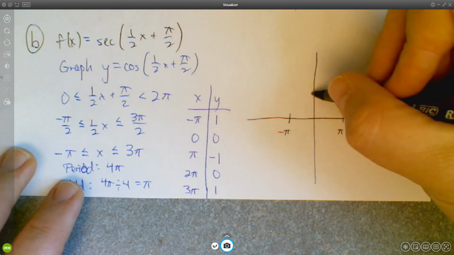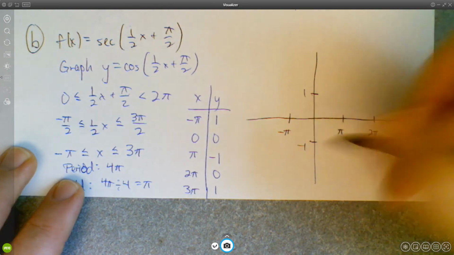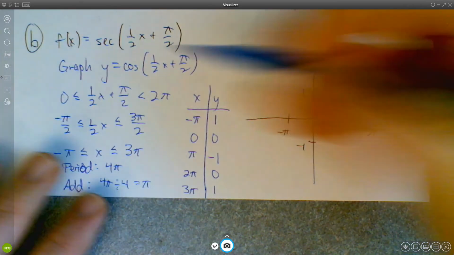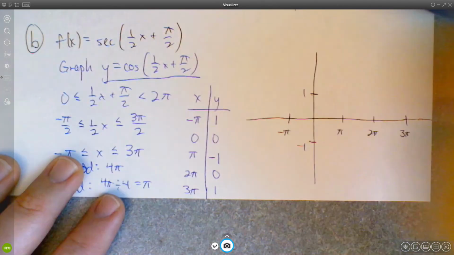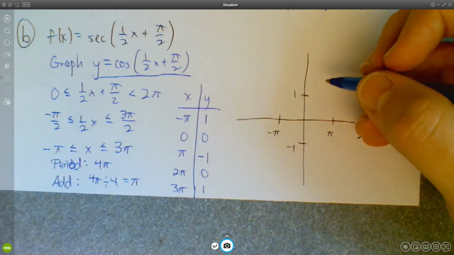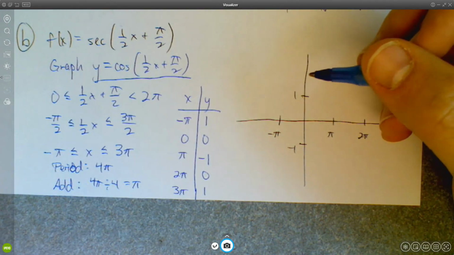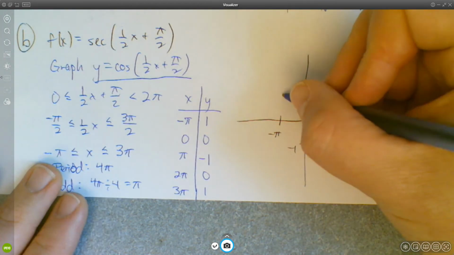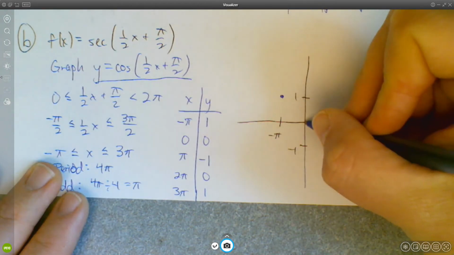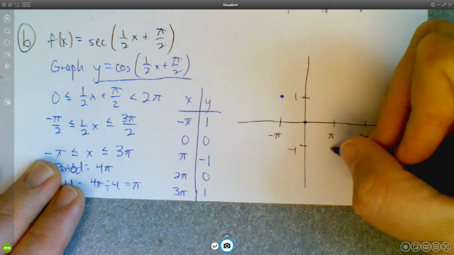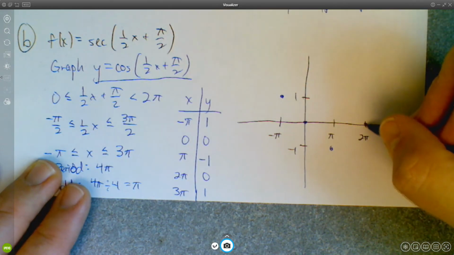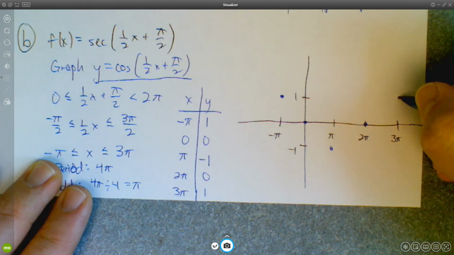Okay, and then 1 and negative 1. So again, I'll do the cosine function in blue. I'll try to do a dotted line this time though. So at negative pi, we're up here at 1, 0, pi, negative 1, 2 pi, 0, and then 3 pi, we're back up at 1.